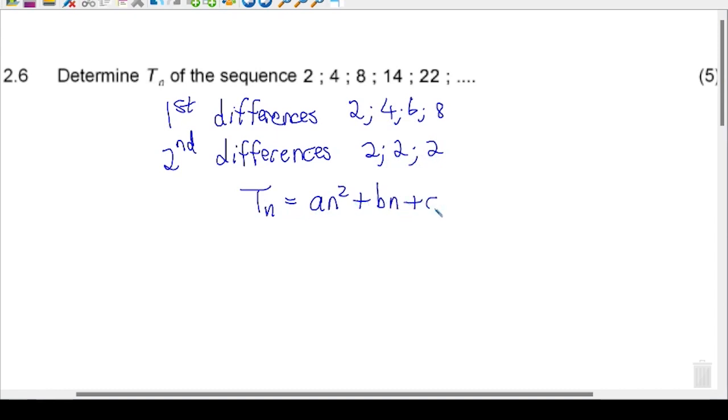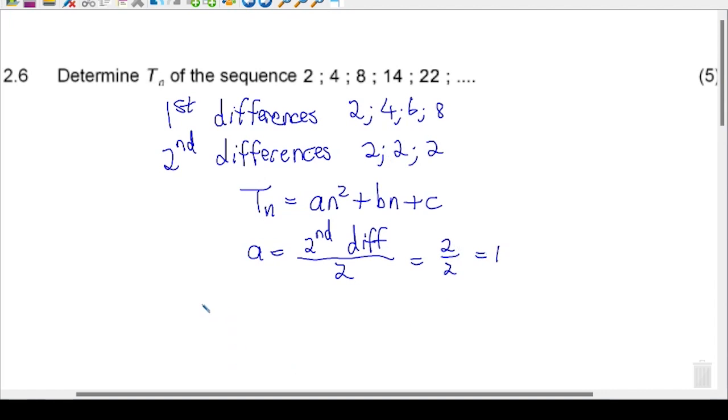It's not a particularly helpful formula, and there are some other formulas that we don't get given that we need to be mindful of. We know, and I hope we know, that a is our second difference divided by 2. So in this particular case, a is going to be 2 divided by 2, all right, or just 1.